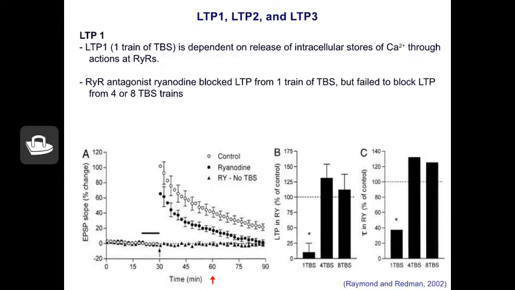So when Raymond and Redman applied one train of theta burst stimulation to Schaefer collateral inputs to stratum radiatum of CA1 pyramidal cells, they found a rapidly decaying form of LTP, shown in the open circles in the graph at the left of this slide.